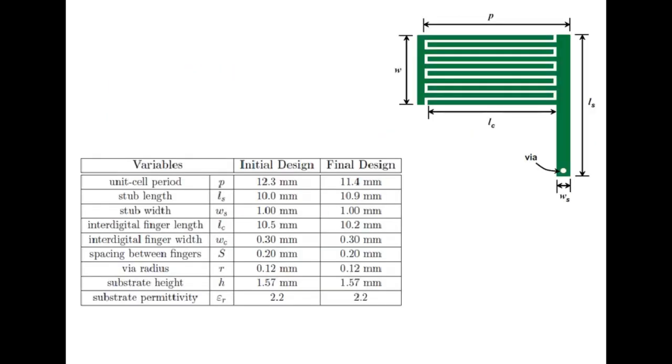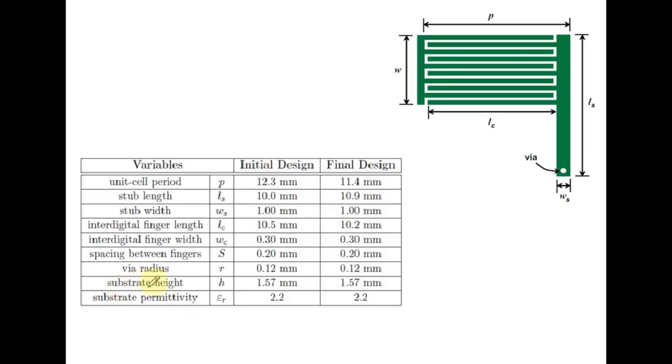We have calculated the parameters of the CRLH unit cell. Here you can see the unit cell period. This is the single unit cell period, and it is repeating itself. The period of a single unit cell is 12.3 mm. This is the initial design, and finally after doing the optimization in HFSS, we got 11.4 mm. This structure is built on RT Duroid dielectric material.